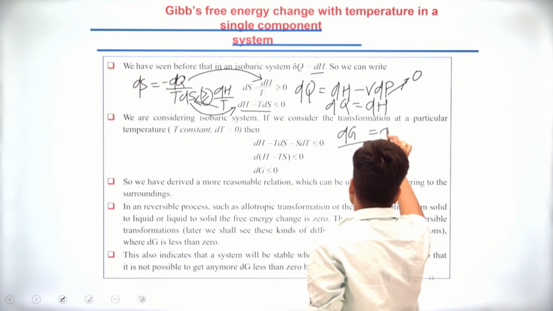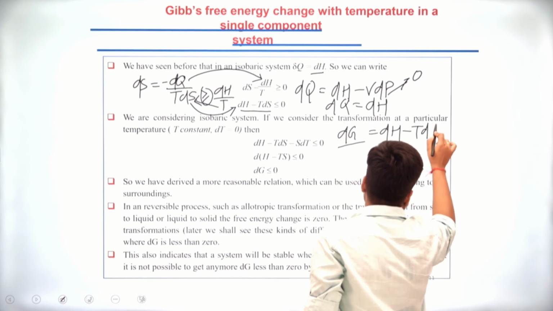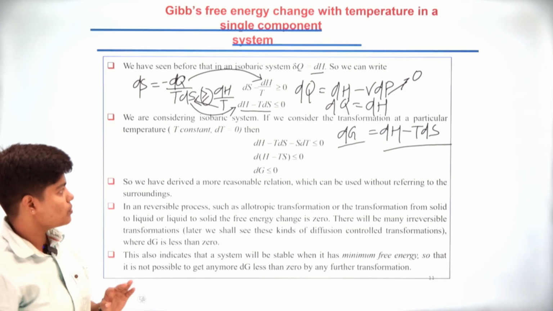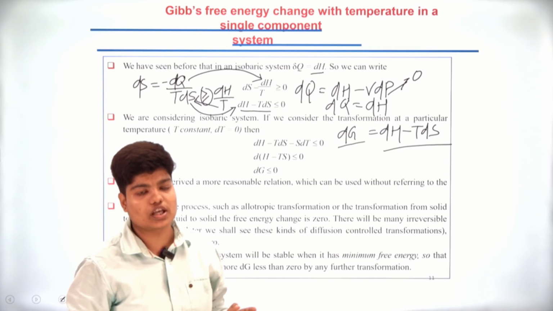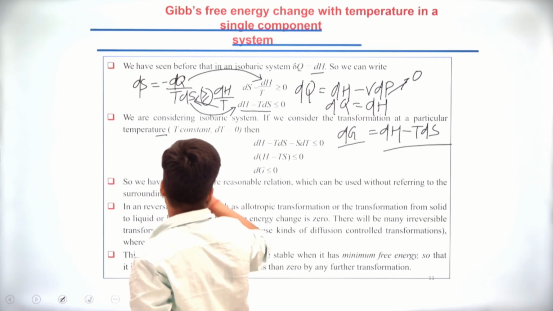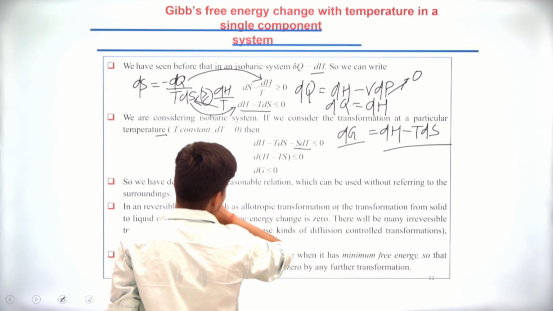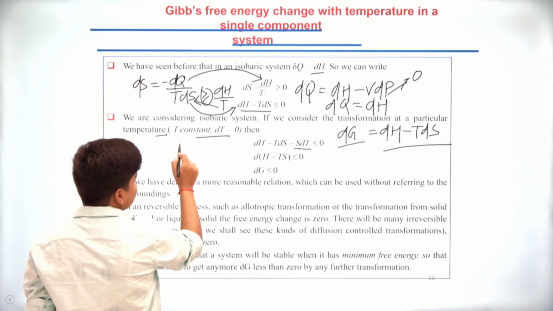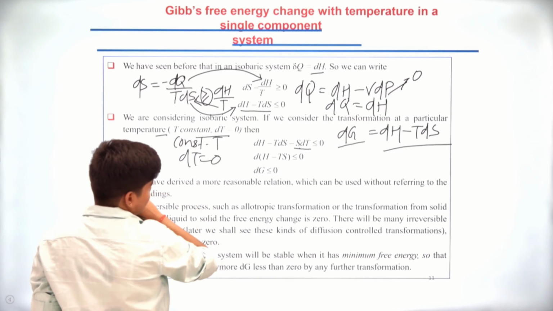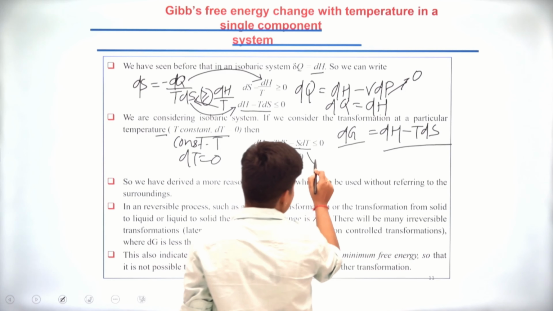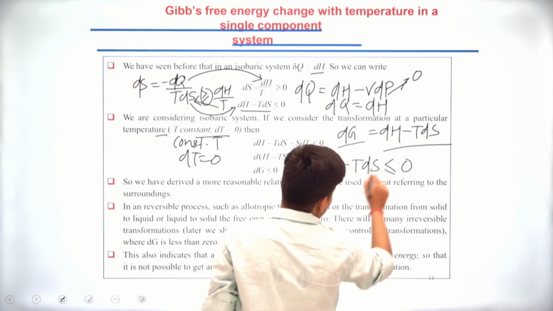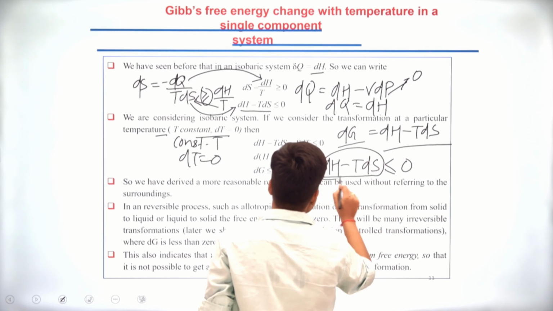Now considering the isobaric system at a changing temperature, we can write dH minus T dS minus S dT. But at constant temperature, dT will be 0. So the equation will be dH minus T dS less than or equal to 0, and dH minus T dS is nothing but dG.